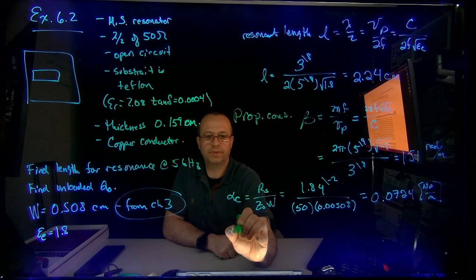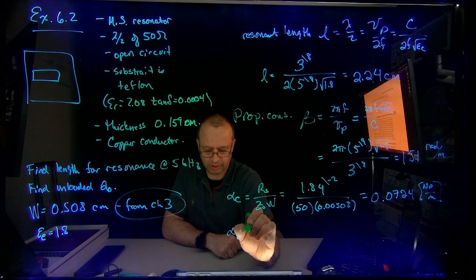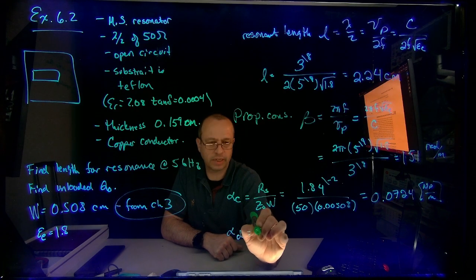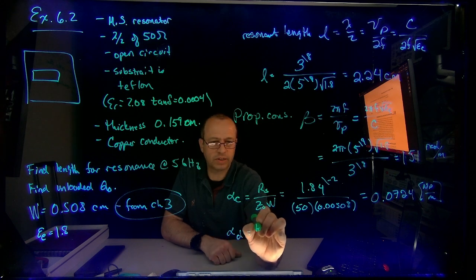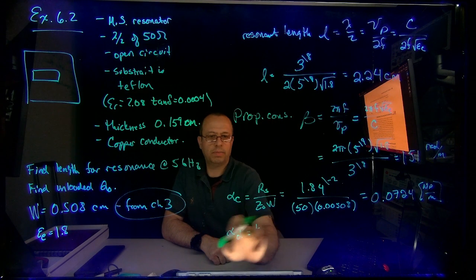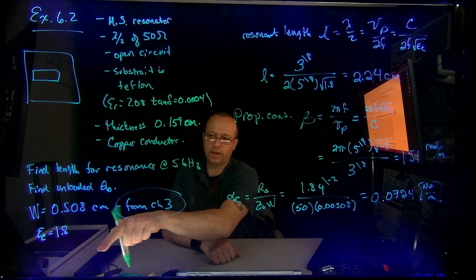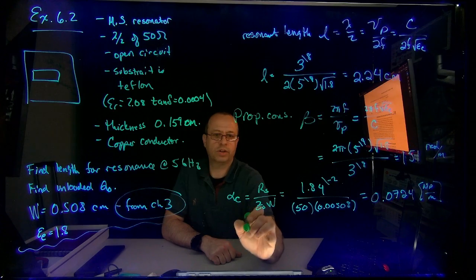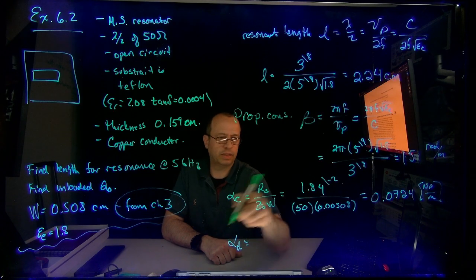We have alpha D, which is our attenuation due to the dielectric constant. This one's a little lengthier because the equation's a little messier. So K naught, I'm going to write this a little bigger, and then I'll just write Q naught down here. Okay, so alpha D, just so I can write it a little bigger.